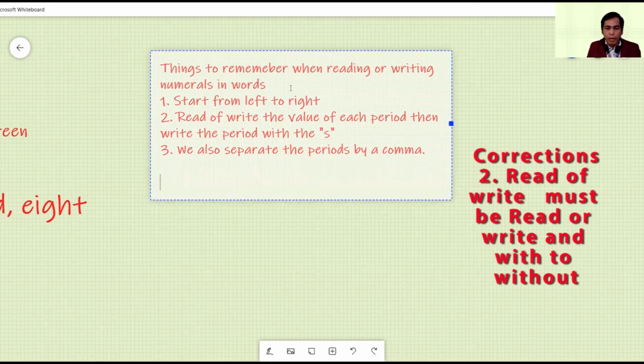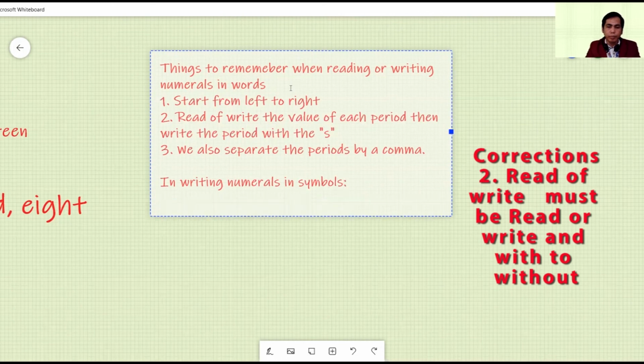When we are also writing numerals in symbols, same thing, start from left to right.